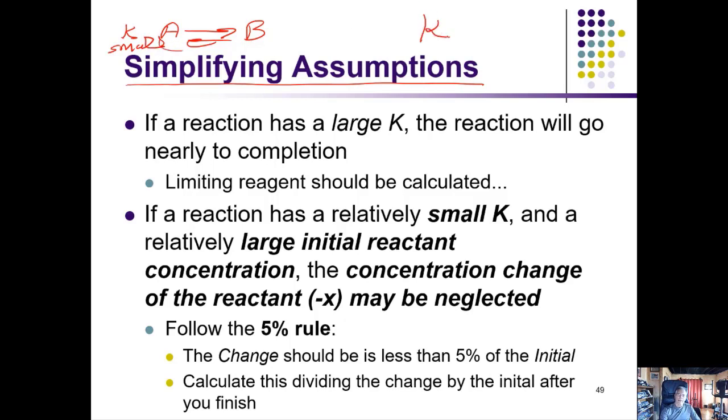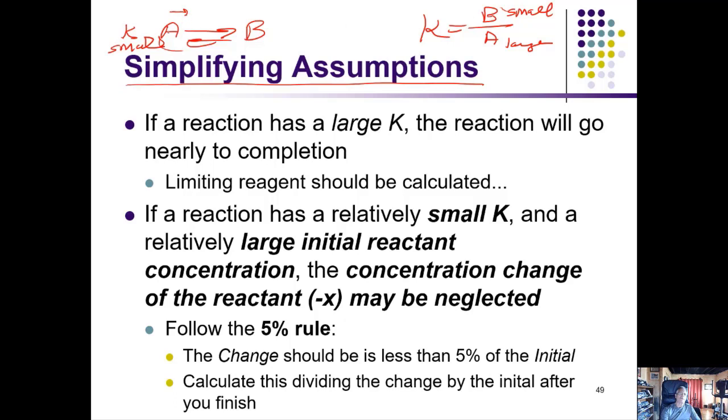K is equal to products over reactant concentration. So if we have a small K, that means that the reactant concentration is really large and the product concentration is really small. There's not going to be a whole lot of product here, so we can say it goes in that direction, but it doesn't go very far.